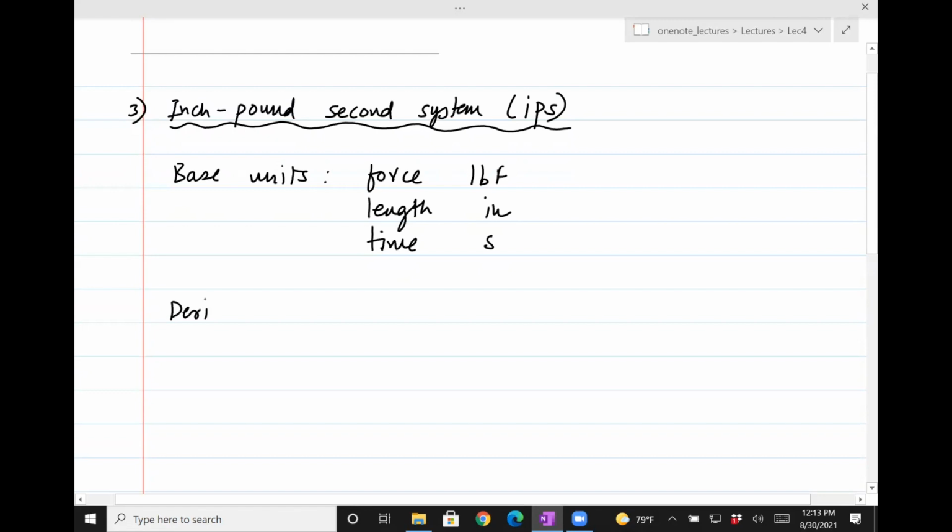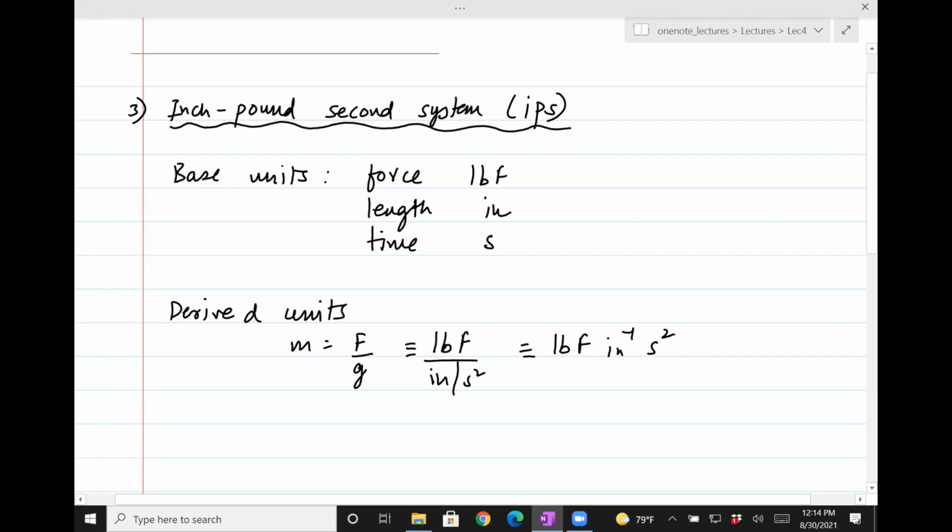If you want to derive the units of mass, you'll say force divided by gravity. Force is lbf. Gravity now is in terms of inches per second squared. So that's going to be lbf inch inverse second squared. And that quantity actually doesn't have a name like it does in FPS, where it's called slug.